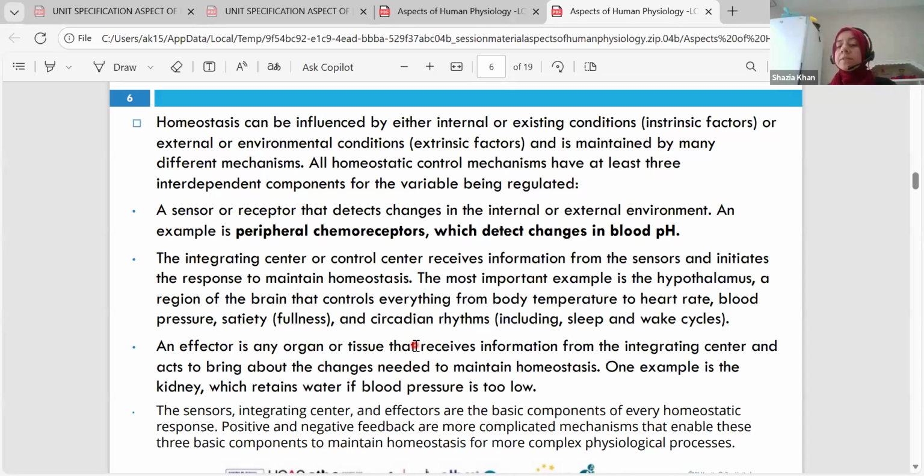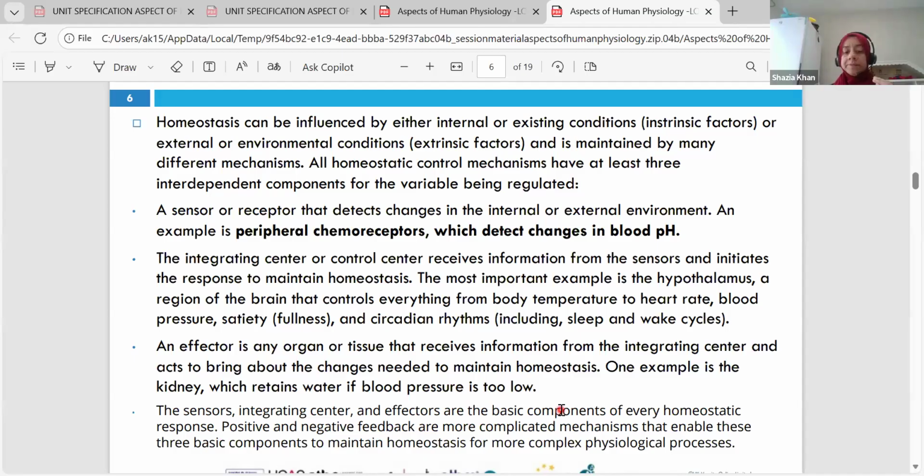The most important example is the hypothalamus, which is the region of your brain that controls everything from the body temperature to heart rate and the blood pressure, your satiety or your feeling of fullness, and your circadian rhythm, which is known as your sleep and wake up cycles. An effector is an organ or a tissue that receives information from the integrating center, which is mainly the brain and the sensors, and it acts to bring about changes that are needed for homeostasis.